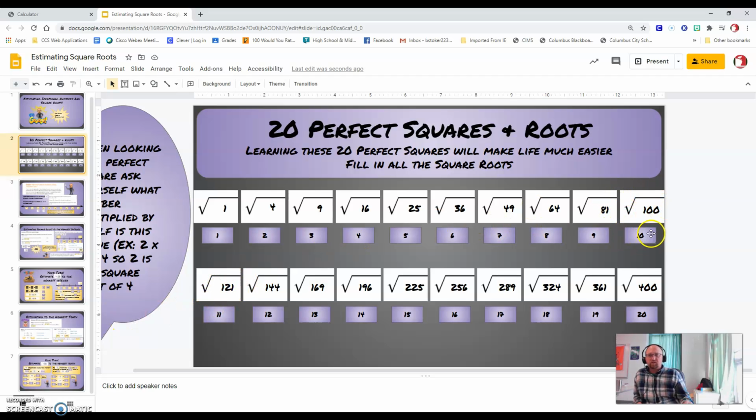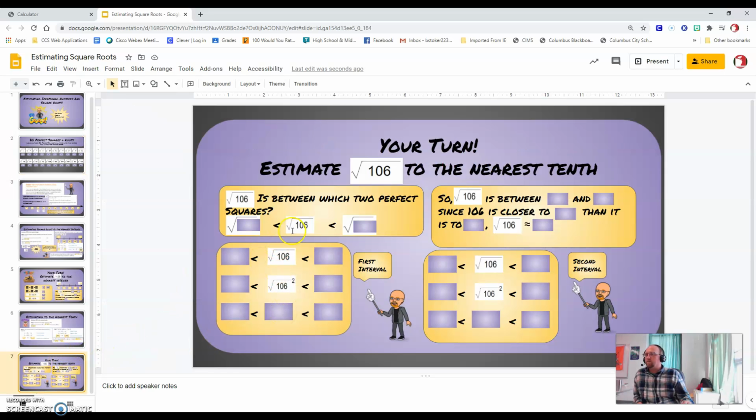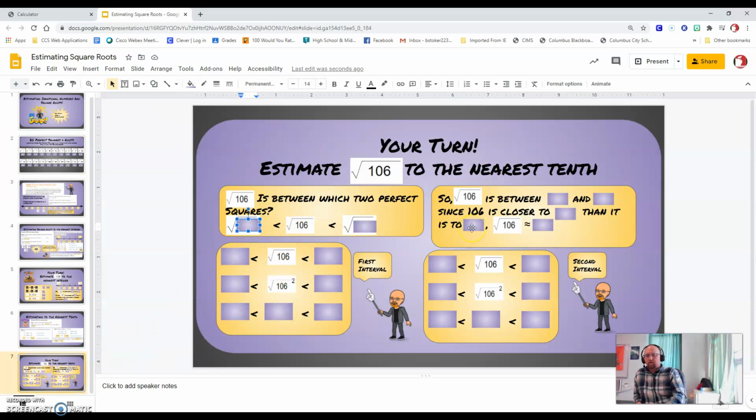So the square root of 106 is going to be somewhere between 10 and 11 on a number line. So I know that 100 is the smallest square, closest to 106, and 121 is the largest square, around 106. Now, I know that the square root of 100 is 10.